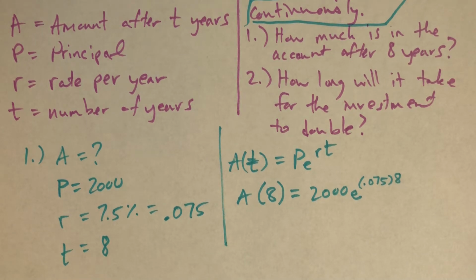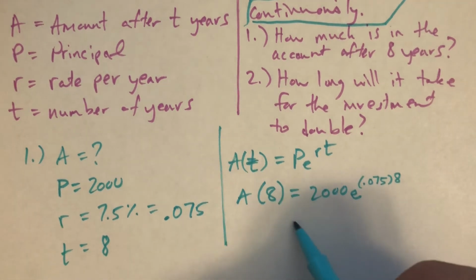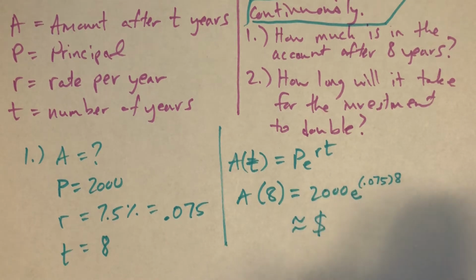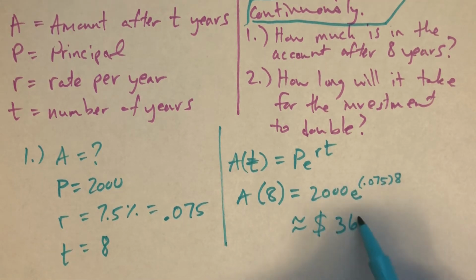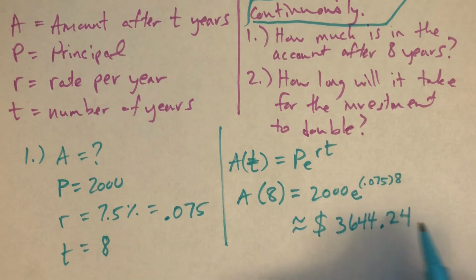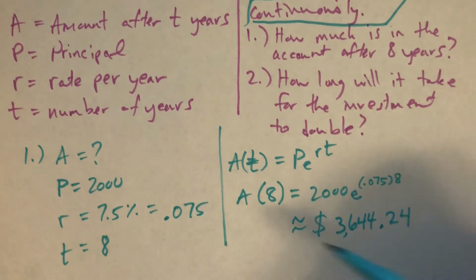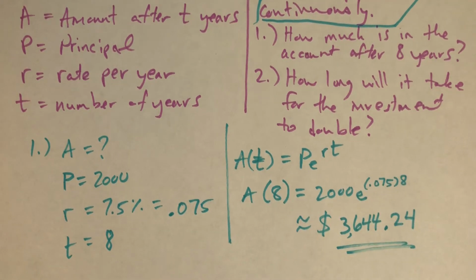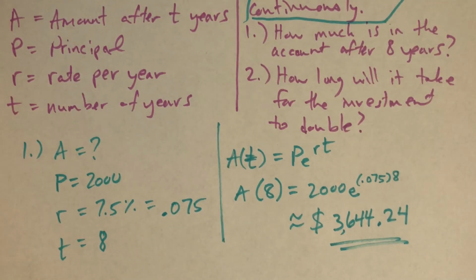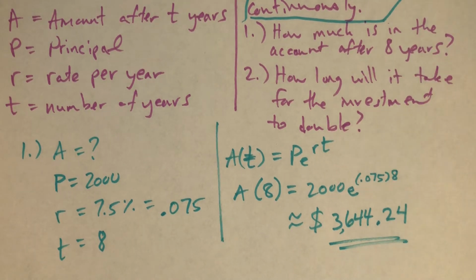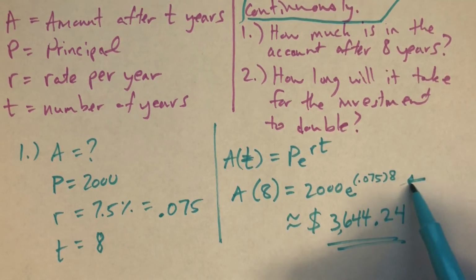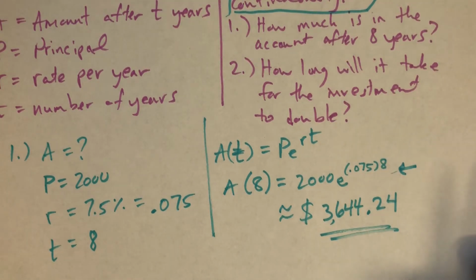Right, so 2,000 e to the 0.075 times 8. It's just calculator work, and we can round to the nearest cent here. I got 3644.24. So our investment compounded continuously after 8 years will be worth $3,644.24. And again, once we get to this point, all that remains is really calculator work.